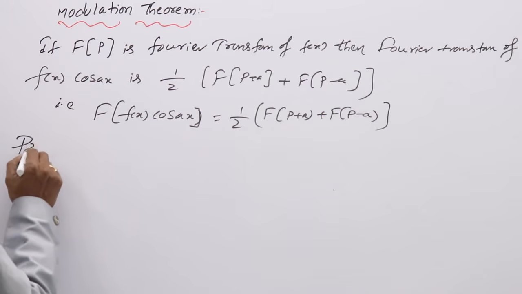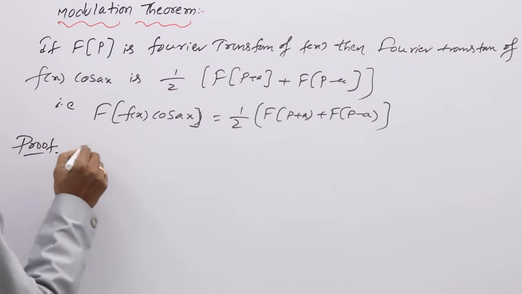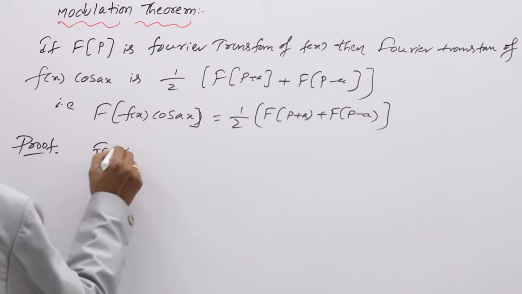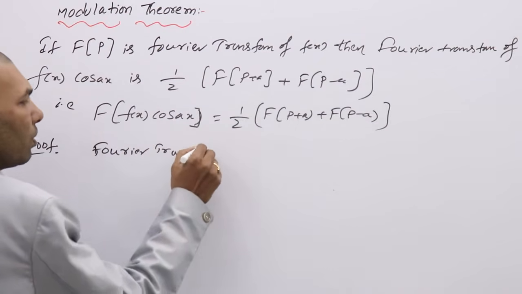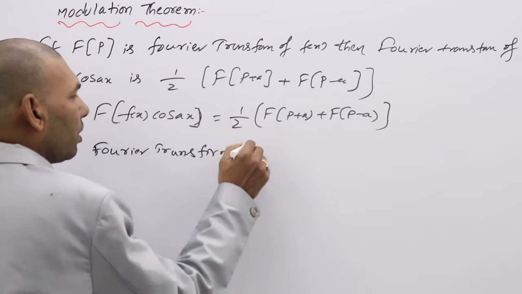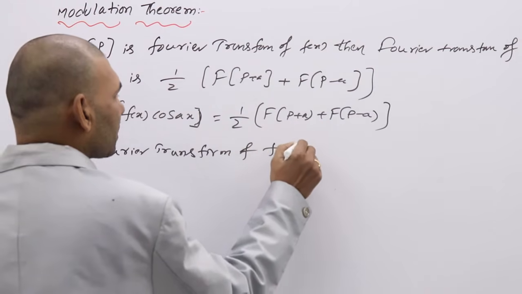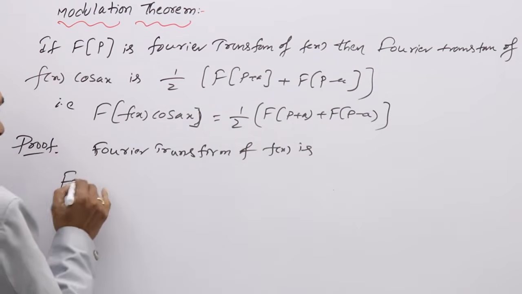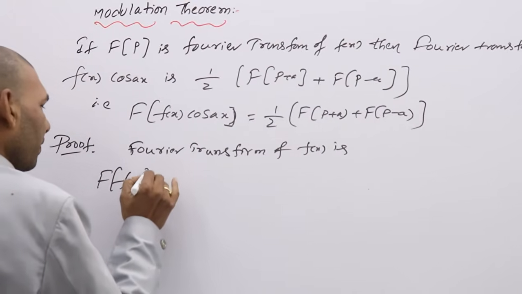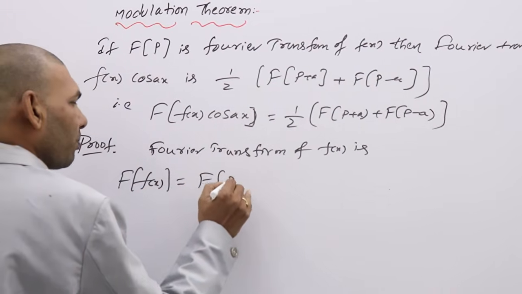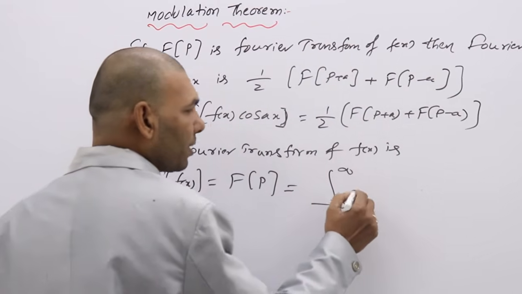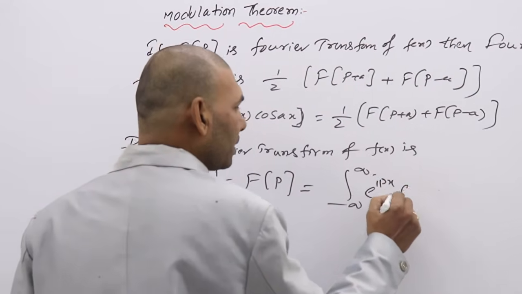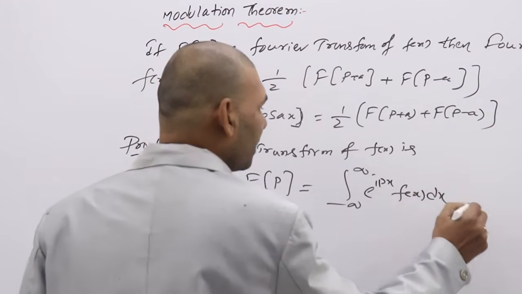So to prove this, we all know that Fourier transform of f of x is capital F of p, which is equal to integral minus infinity to infinity e power ipx into f of x dx.